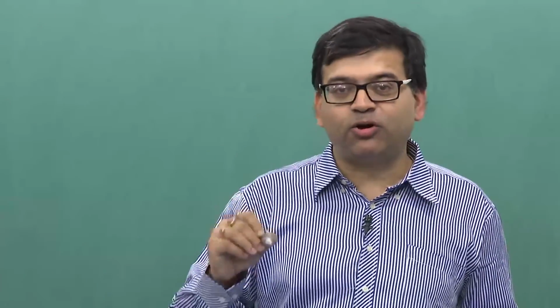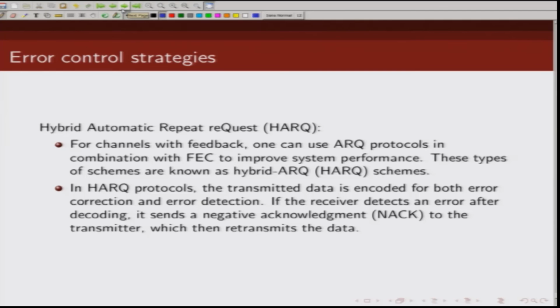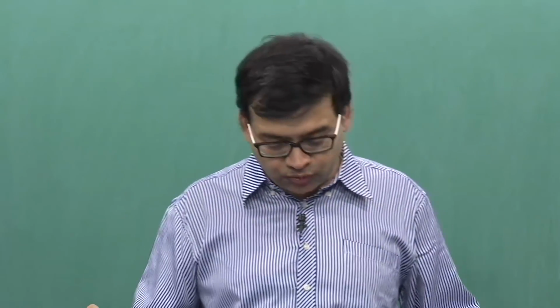So, hybrid ARQ is a combination of forward error correcting scheme and automatic repeat request scheme. Typically, in a communication system you will see a combination of both forward error correcting schemes and hybrid ARQ schemes used.